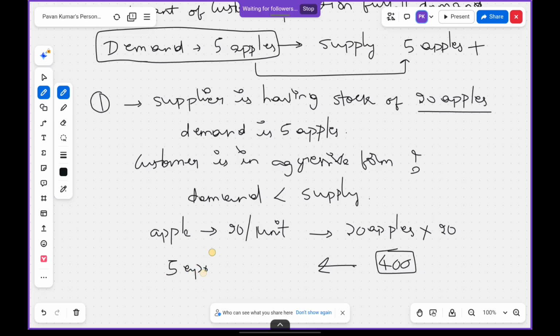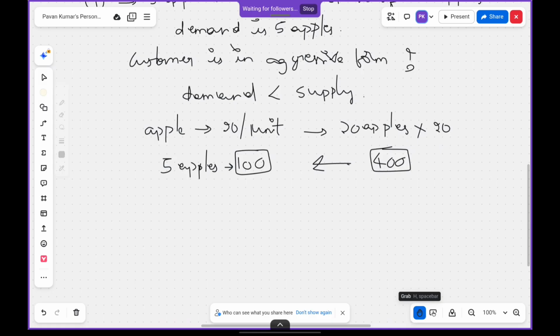What does that mean? When we turn that into monetary terms, the demand is only for 100 rupees. That means technically the purchasing power of the customer is only 100.